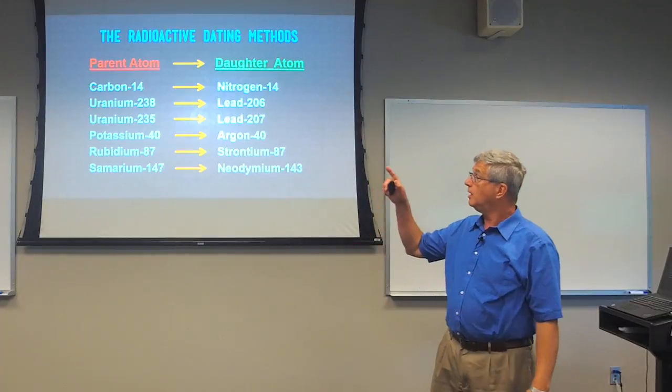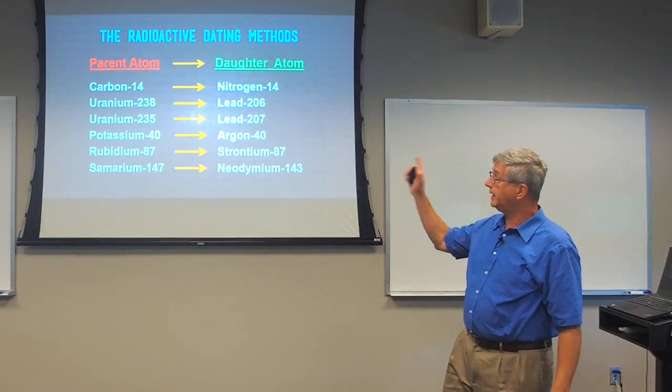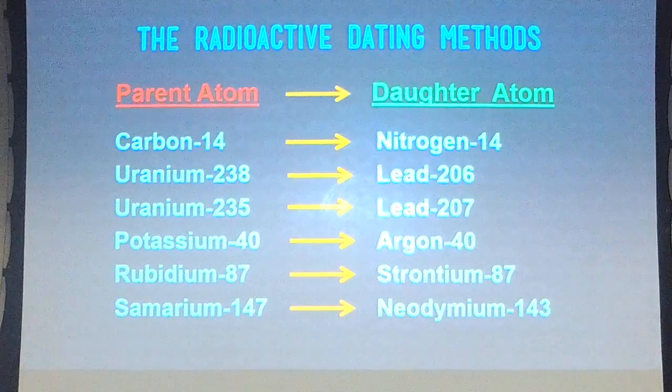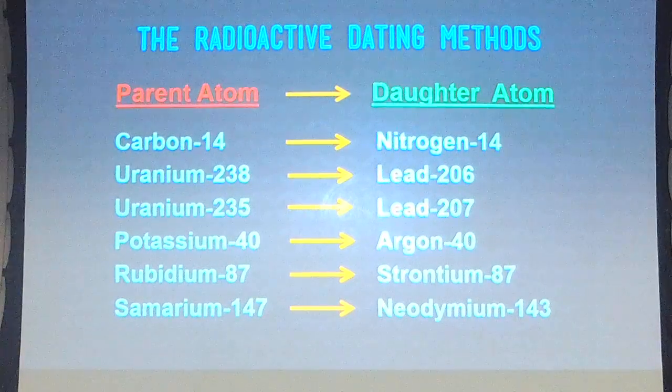You're familiar with carbon-14 or radiocarbon, which decays to nitrogen-14, and we'll come back to that as a separate topic in the next session. But there are two isotopes of uranium that are radioactive, 238 and 235. The dominant one is uranium-238.